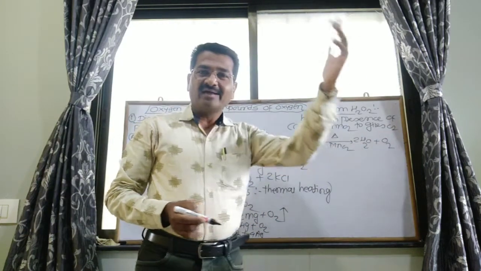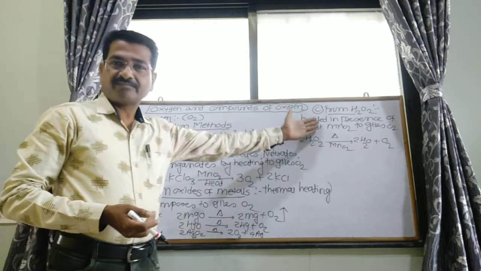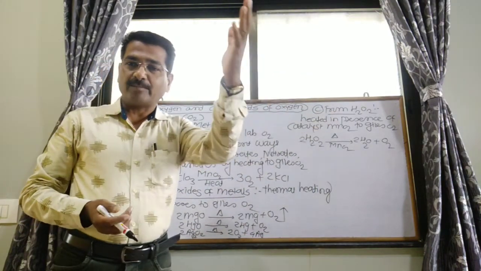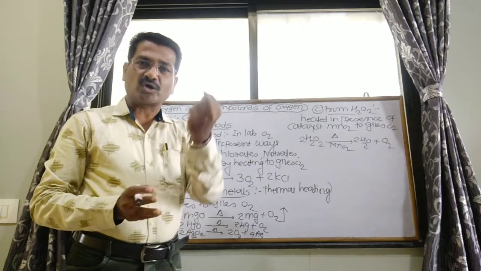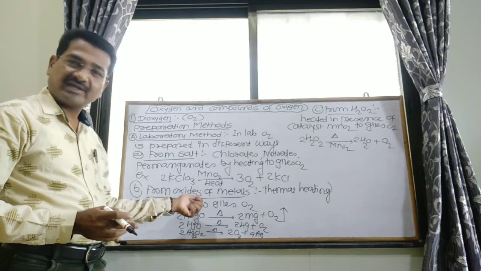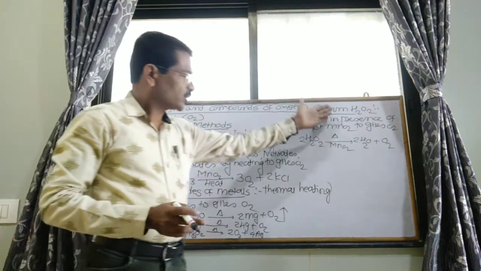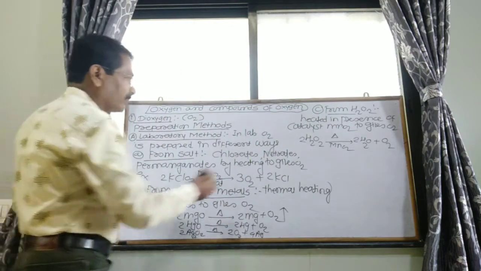So we can prepare oxygen. All these are the laboratory methods. By this way we can prepare dioxygen in small quantities. First from salt, second from metal oxides, third from hydrogen peroxide. This is the first preparation method.